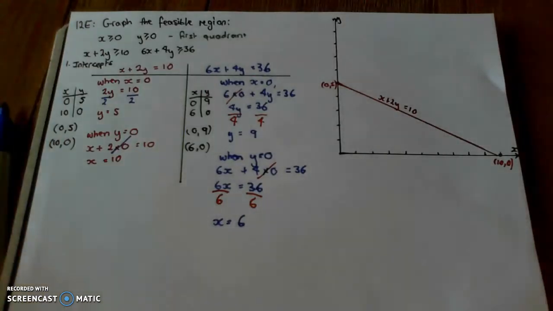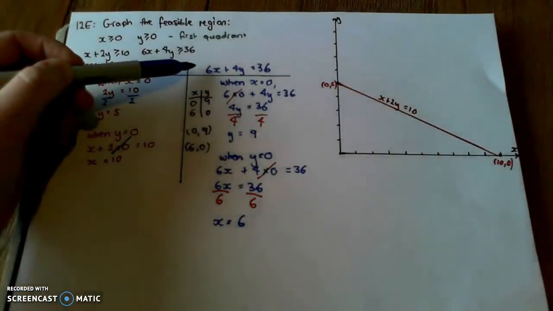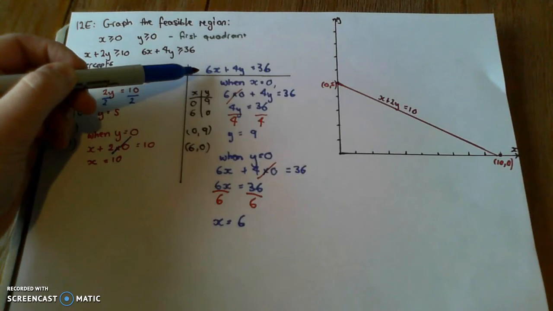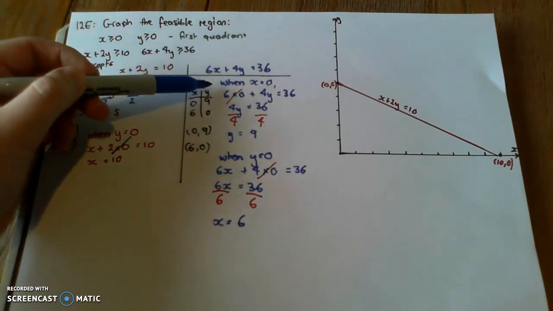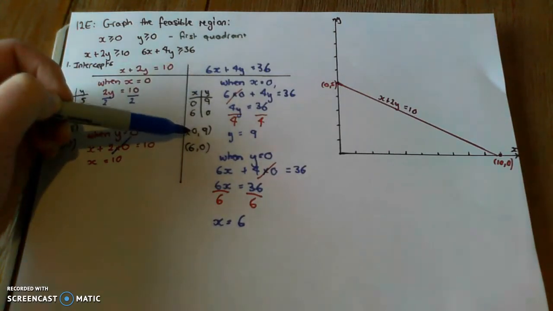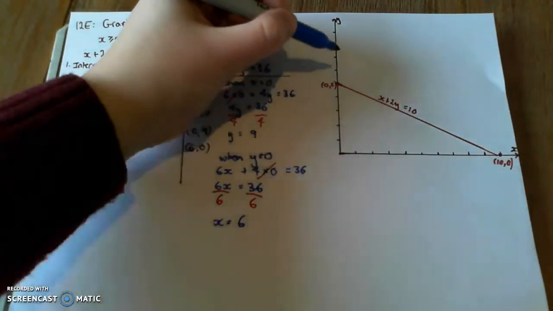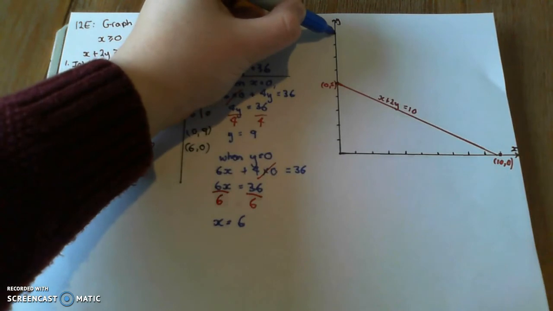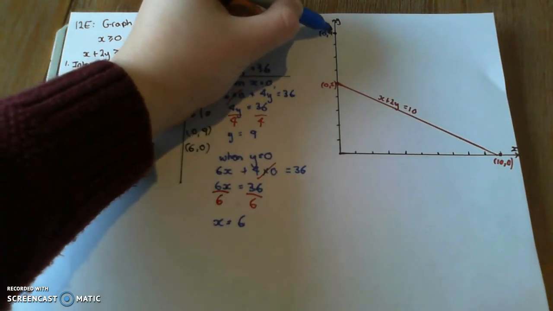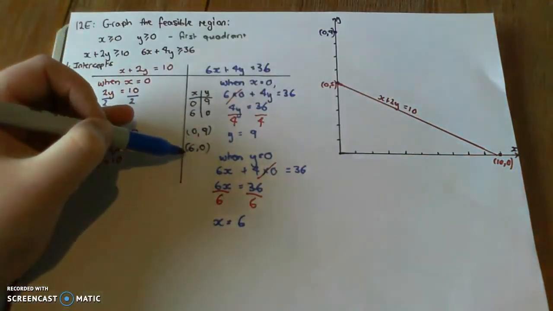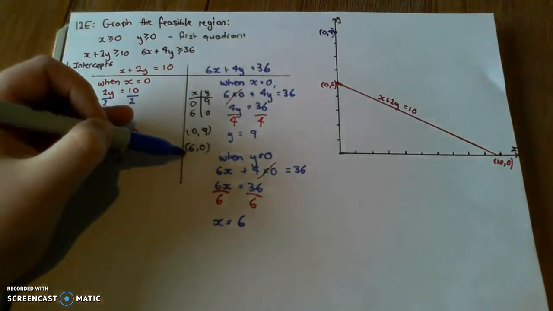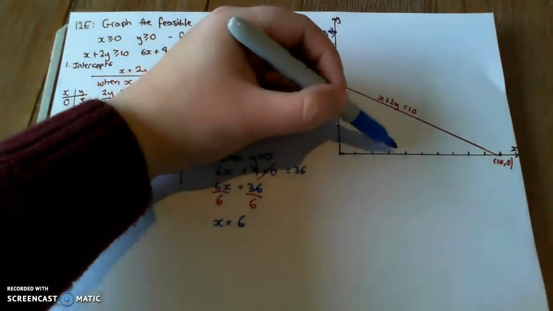Now we also have enough information to fill in our other line to form this region. So we know that when x is 0, we have a y-intercept of 9, so we can count up to that. 5, 6, 7, 8, 9. Then we also know that we have an x-intercept of 6. 1, 2, 3, 4, 5, 6.